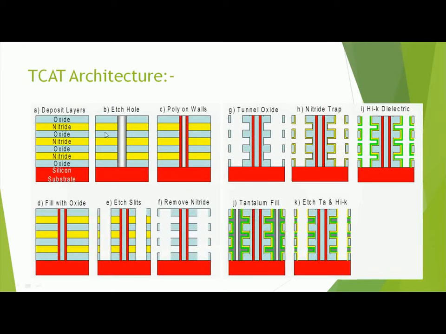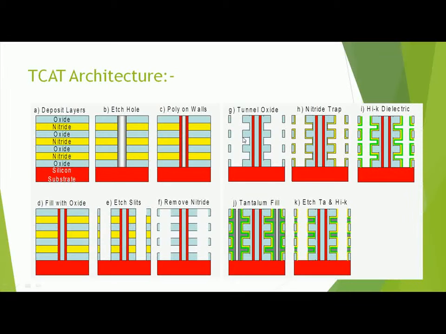Now this is the TCAT architecture. Instead of polysilicon, we are replacing it with a nitride. So oxide and nitride alternate layers are formed on the silicon substrate. Then the holes are etched, and the poly is applied on the walls. Then the oxide is applied on the wall, and the nitride is removed to give a fin-like structure.